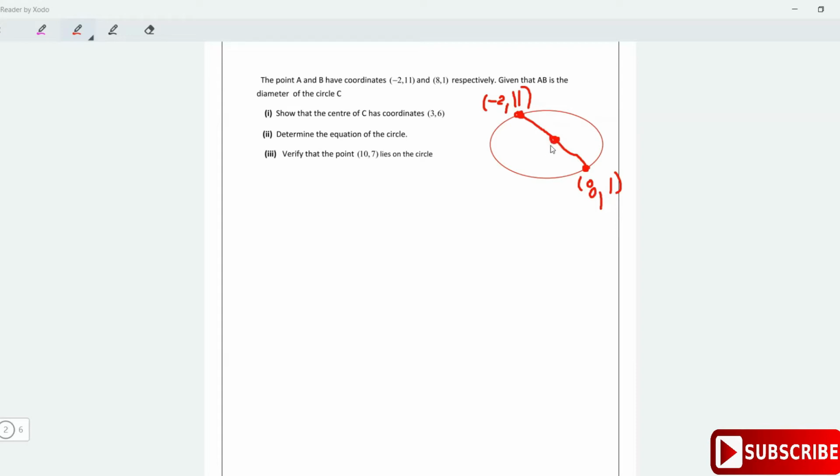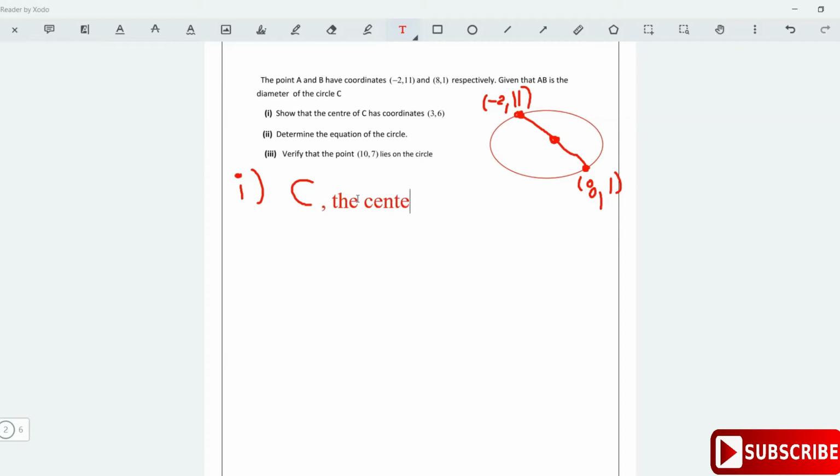So the center of the circle is going to be the midpoint of A and B. So for part 1, we can write that the center of the circle C. To find the center of the circle, all we have to do is find the midpoint of AB.